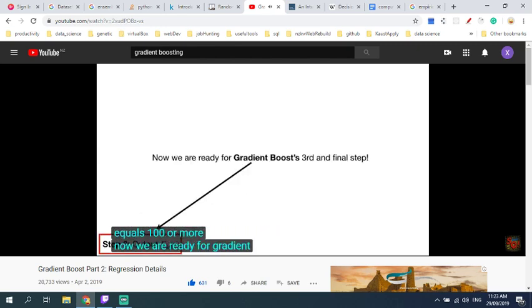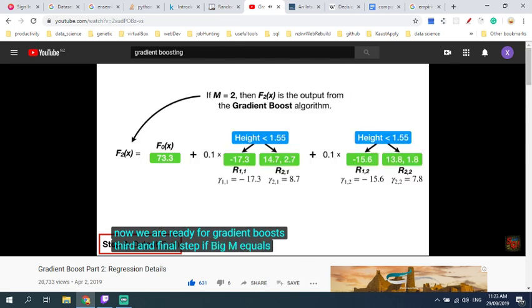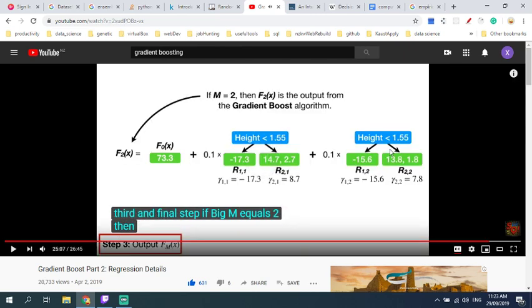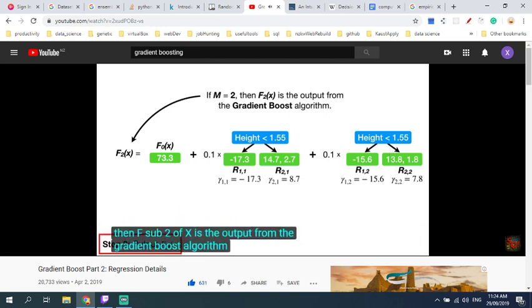Now we are ready for Gradient Boost's third and final step. If big M equals 2, then f sub 2 of x is the output from the Gradient Boost algorithm.